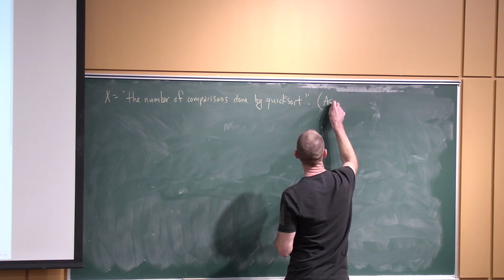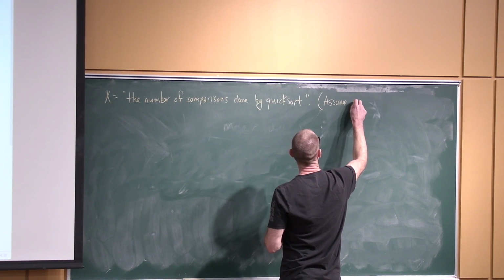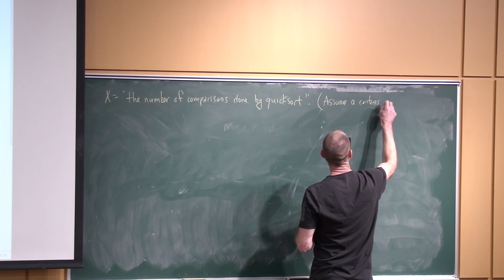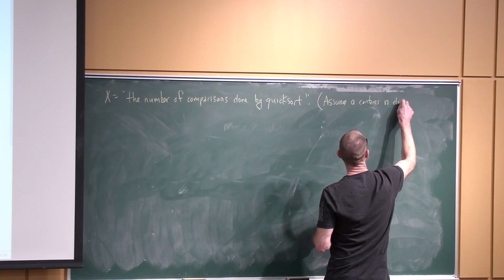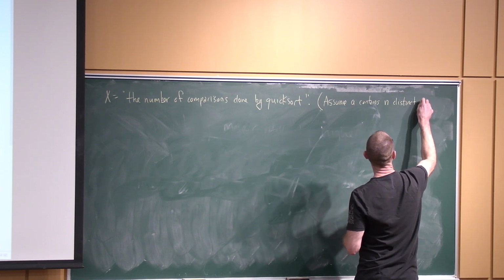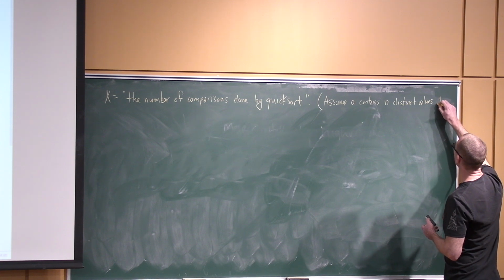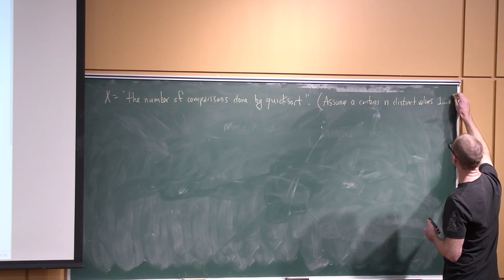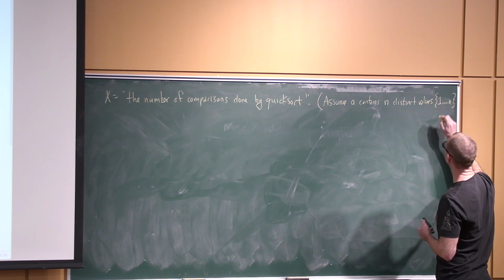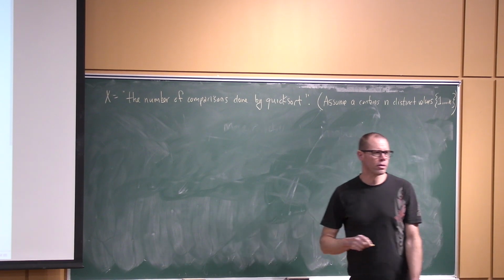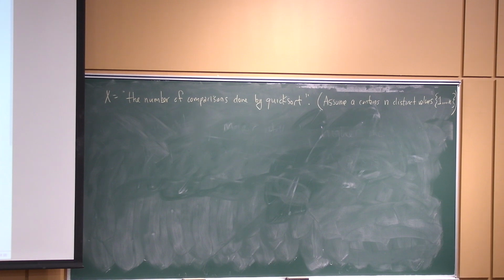And we'll assume A contains n distinct values. And let's just say actually the values are the integers 1 through n, just so we have names for those values.